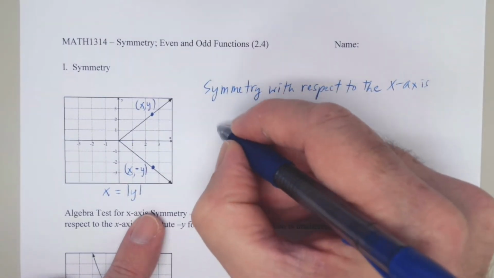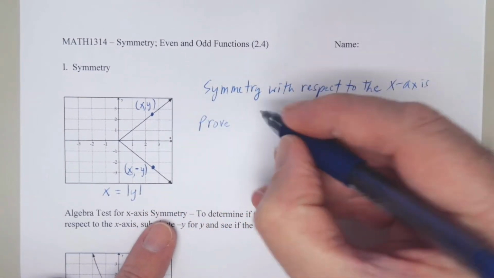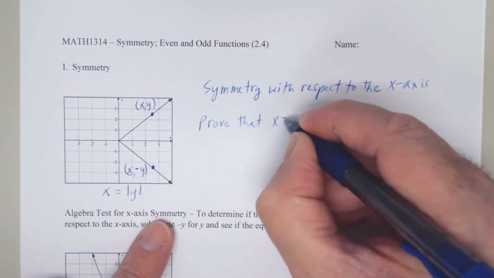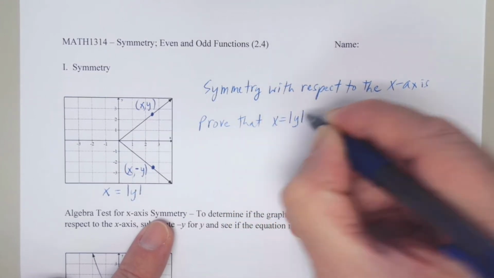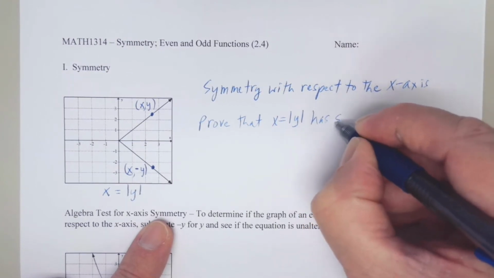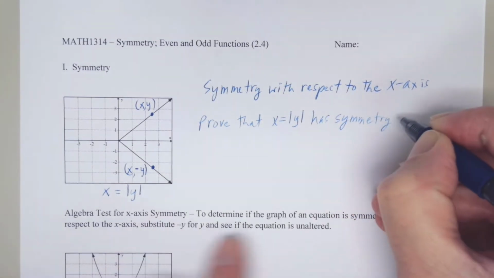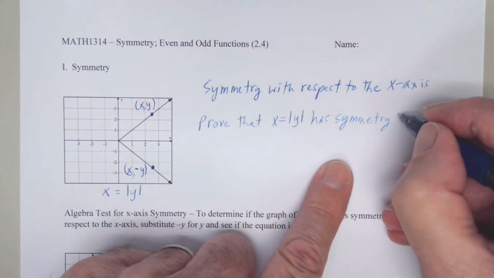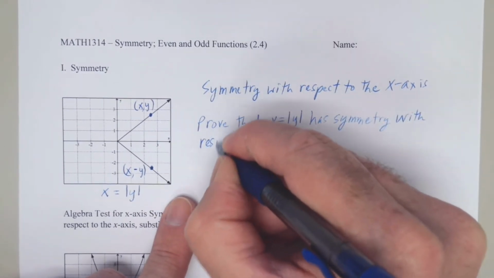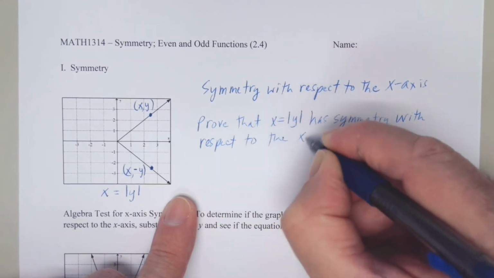So prove that x equals the absolute value of y has symmetry with respect to the x-axis.